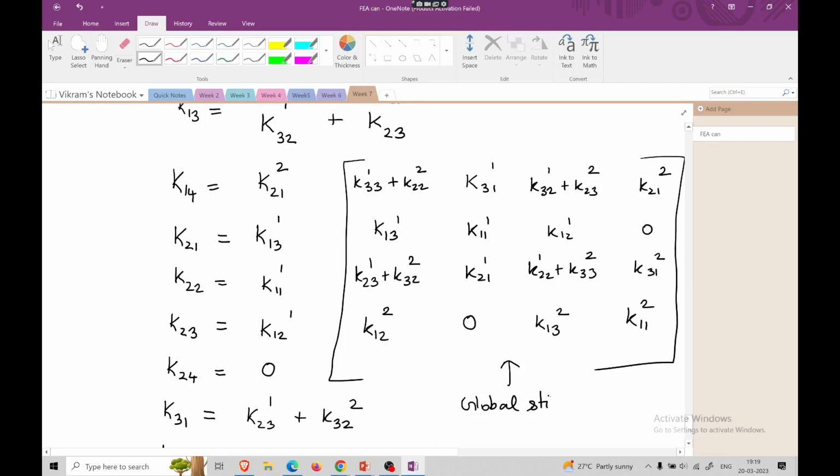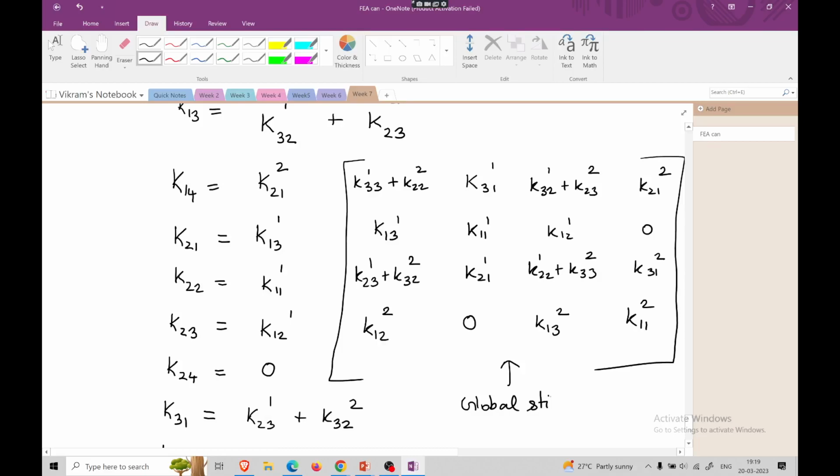So here we have evaluated the global stiffness matrix symbolically, but how to evaluate each and every individual term? We'll now see how to do that. So this is my x and y. The division was like this: one, two, three.